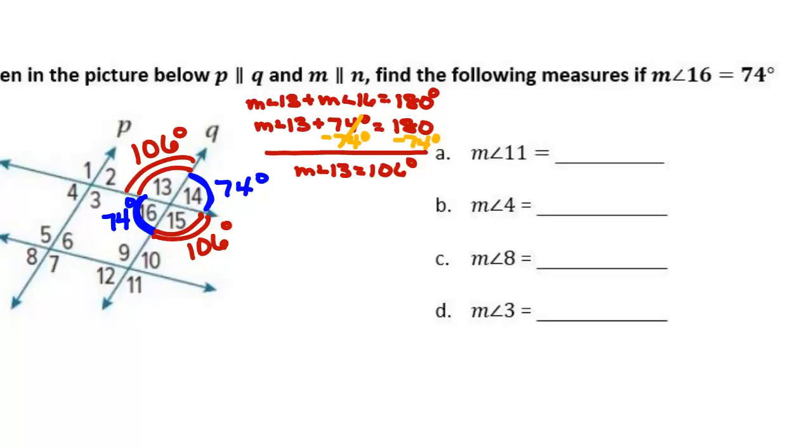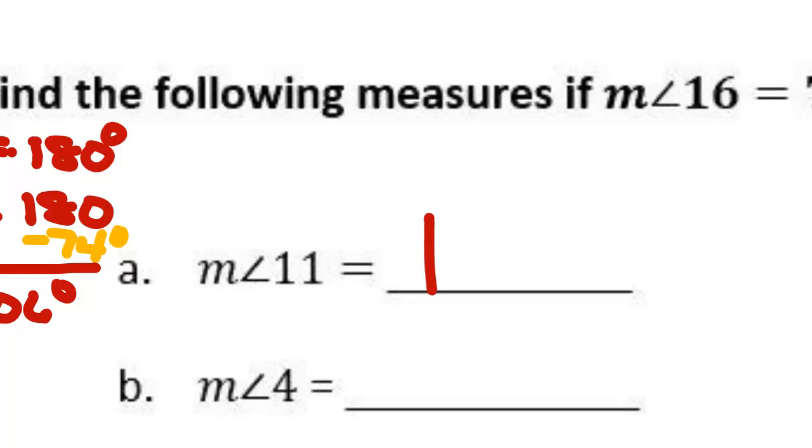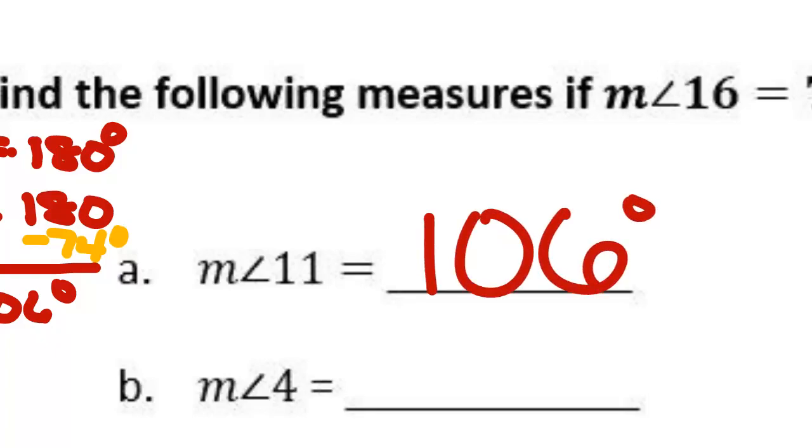Corresponding are congruent. The other ones that start with C, the consecutive interior and consecutive exterior, those are supplementary, but corresponding are congruent. So because corresponding angles are congruent, the measurement of angle 11 is 106.